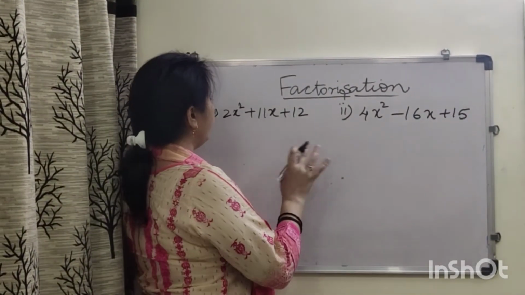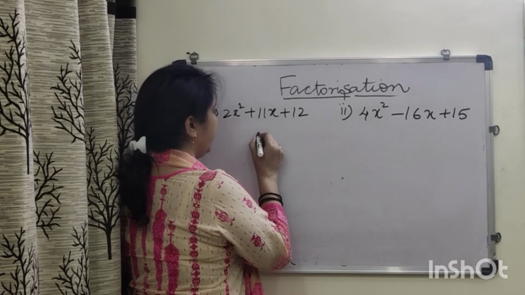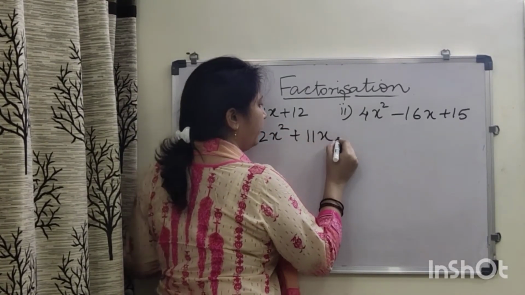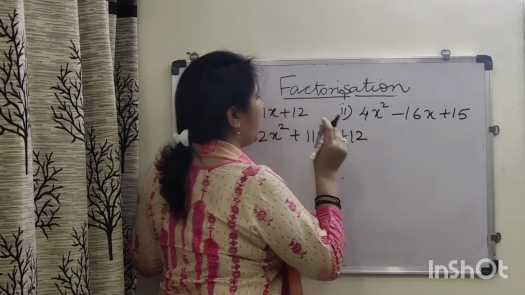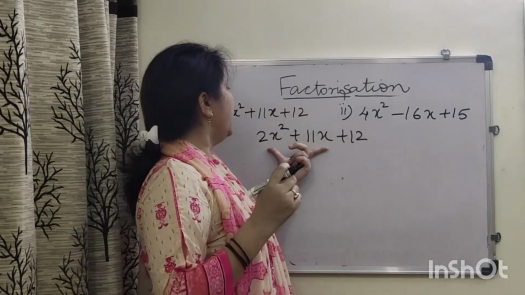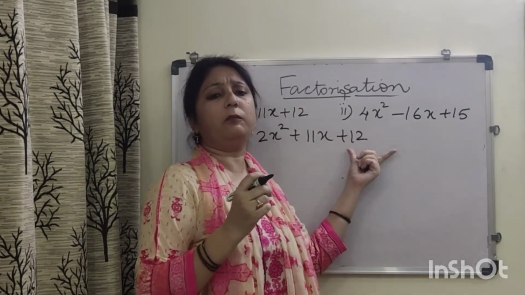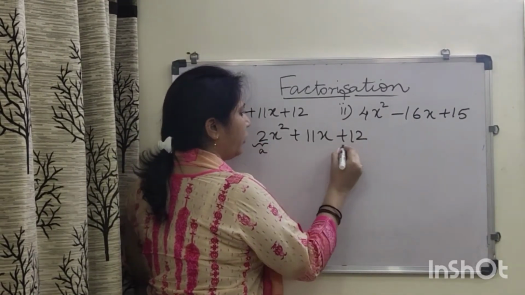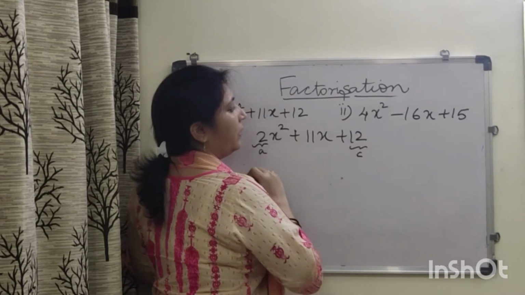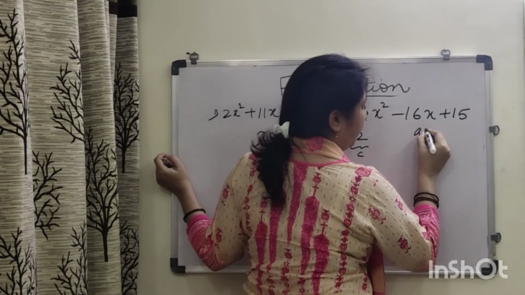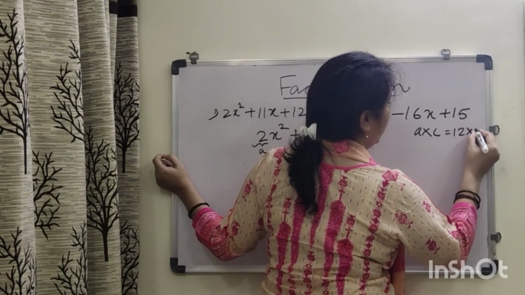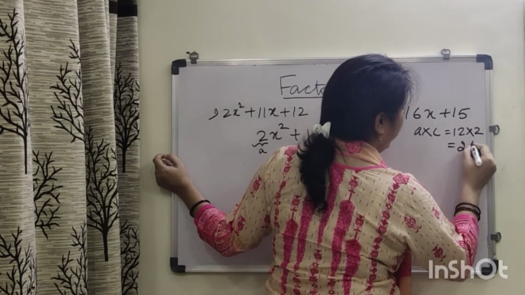Now another question that I have taken for you is 2x square plus 11x plus 12. If you compare this expression with ax square plus bx plus c, your a is 2 and your c is 12. Now get the product of a and c, that is 12 into 2, it is 24.